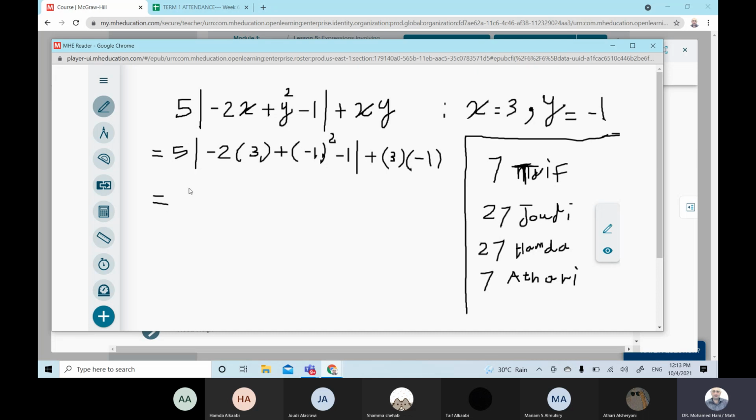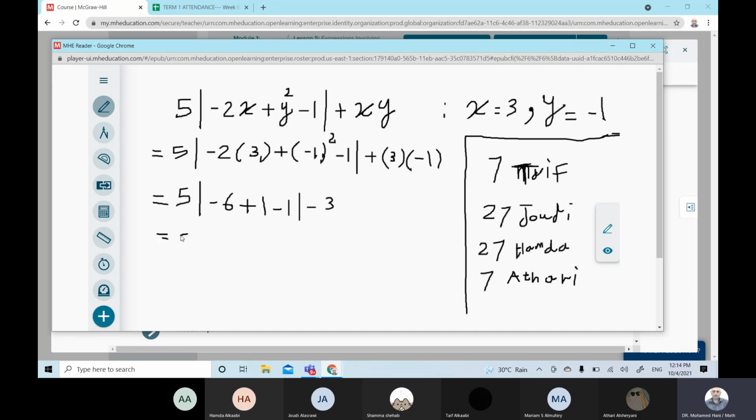Rewrite. We have here 5 between the absolute value, as you see, minus 2 times 3 will be minus 6, plus minus 1 squared means minus 1 times minus 1. Minus 1 times minus 1 means plus 1. Then here we have minus 1. Then 3 times minus 1 will be minus 3. Then rewrite.